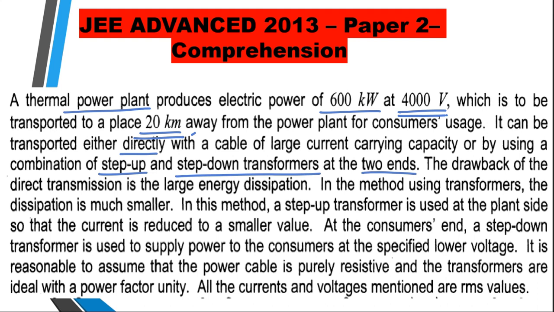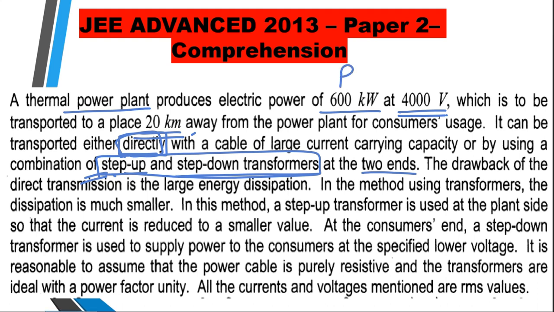At the very end of it, we were discussing this only, how to minimize power losses while transferring from the power station to our homes. So it is saying we can either transfer it directly or we can transfer it with the help of step up and step down transformers. So let us try to note down the data first.